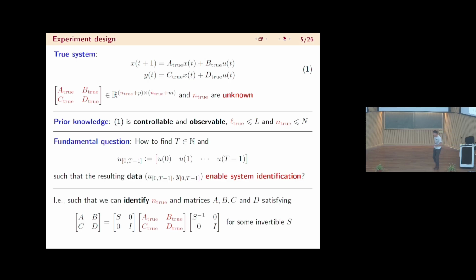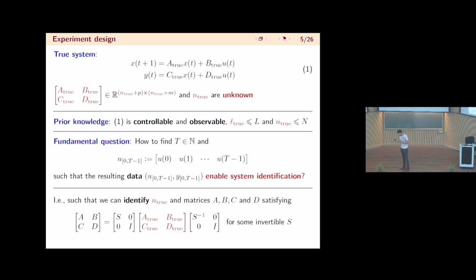We know capital N. Yes, we know capital N. Why not choose L to be equal to N? Yes, in principle, I suppose that you have this upper bound on the state space dimension and you don't know what the lag of the true system is. Then you can take capital L to be capital N. But in some cases, you may have a bit more prior knowledge.